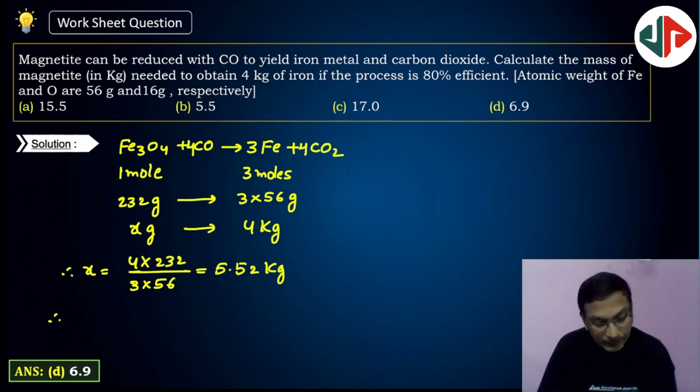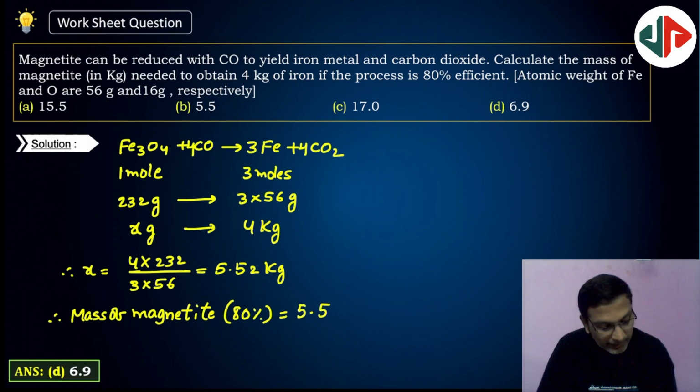Therefore, calculate the mass of magnetite which is 80%, which will be equal to 5.52 into 100 by 80.